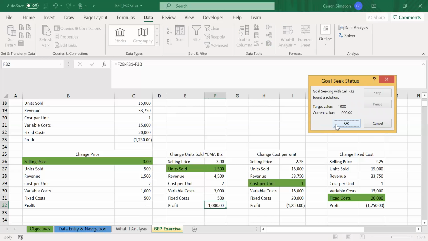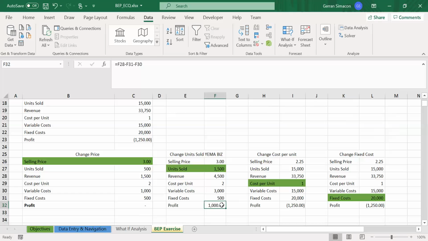Wow. So meaning, it becomes easy to solve our problem, our life, right? Setting our target for how much we should sell, how many we should sell to make a profit of something or a certain value. So for example here, to profit 1,000, you should sell 1,500 units.